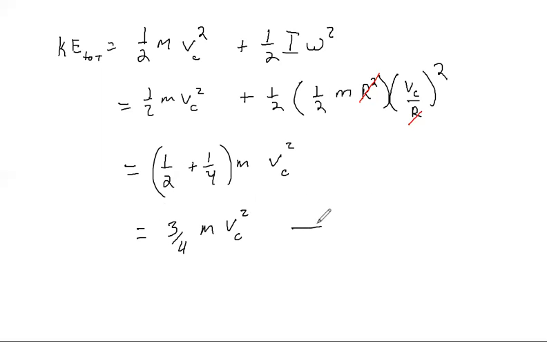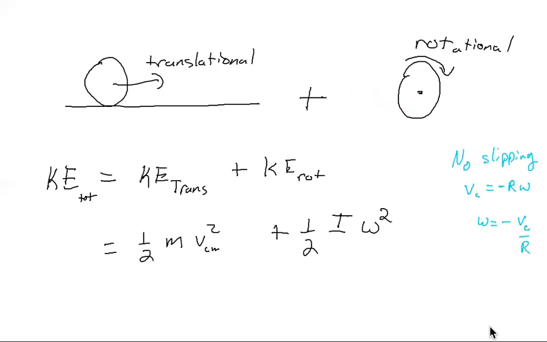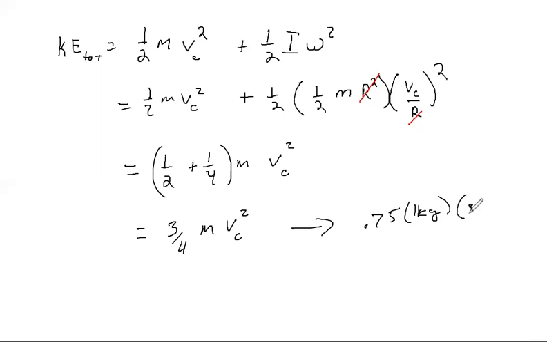And if I plug in numbers now, that's going to be 0.75. I said the mass was 1 kilogram. And I said the velocity was, I believe, 3. Let's go back and check here. Yes. And so you get 0.75 times 9. So 90% of 0.75. I don't know, 0.75 minus 0.075.